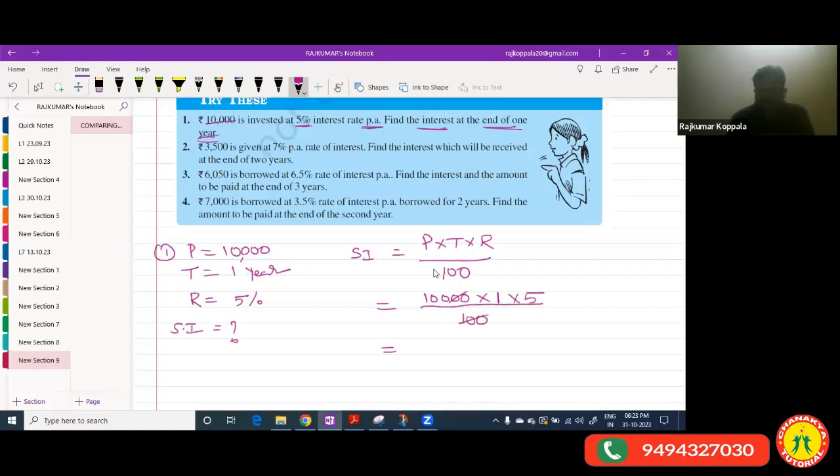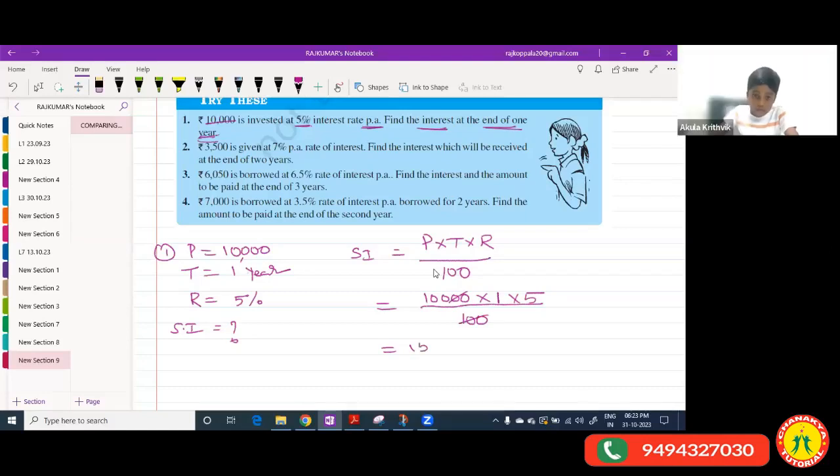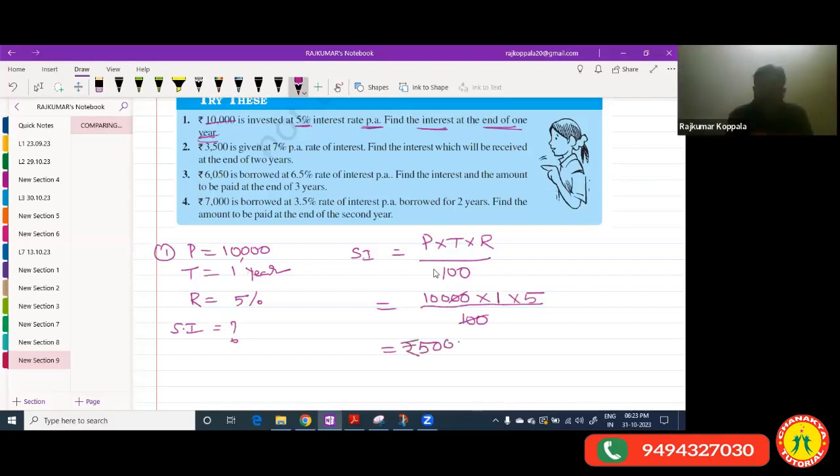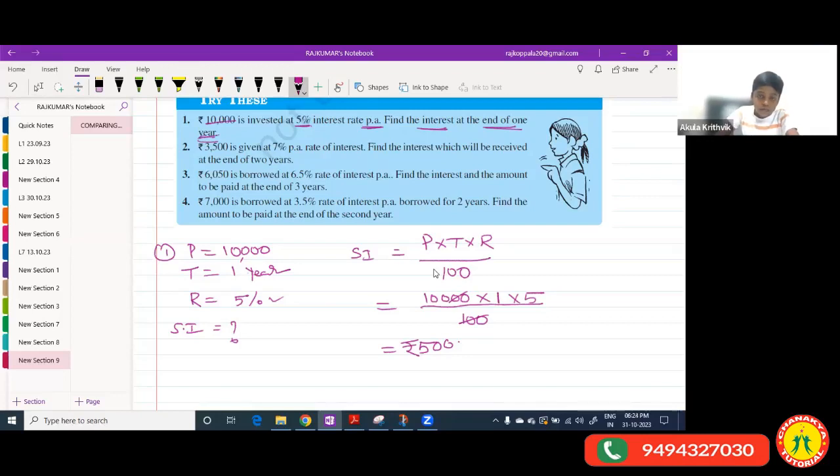How much? 500. So the rate of interest is 5%, but the interest as an amount, how much you will get, will be 500, right? Yes. Okay.